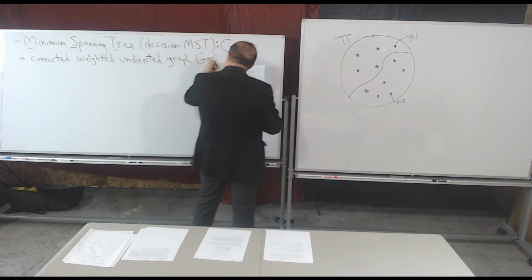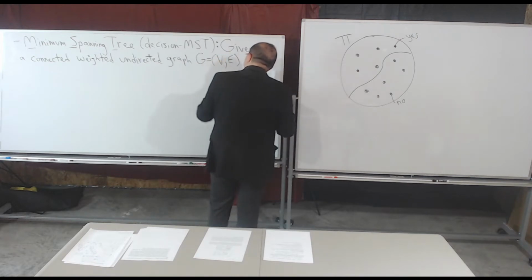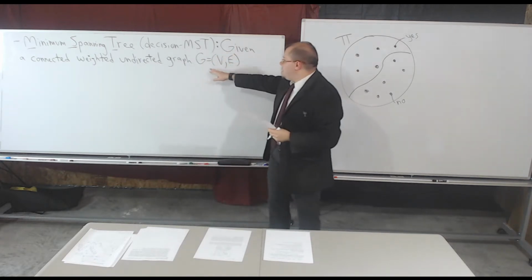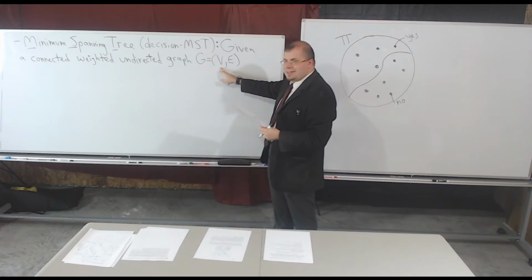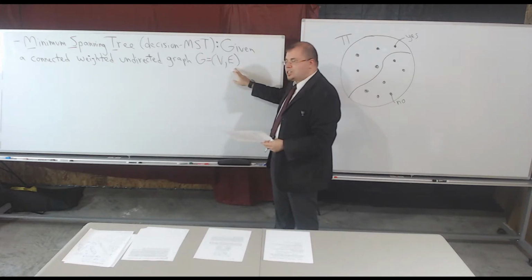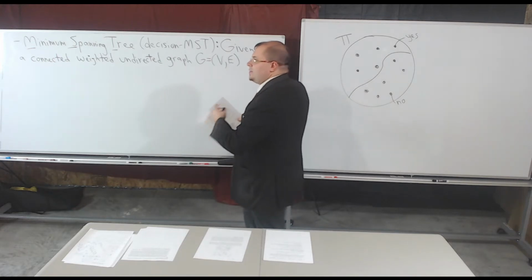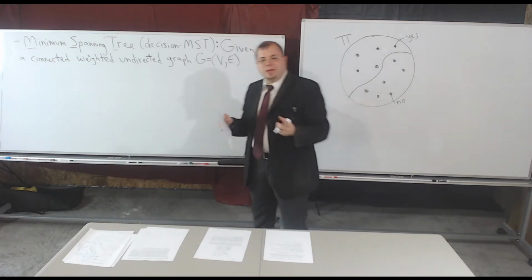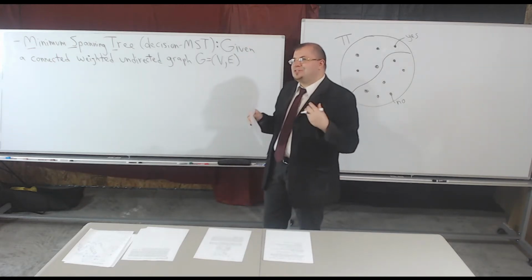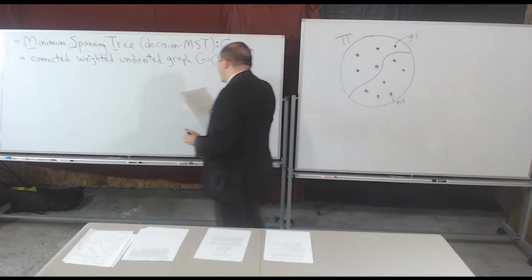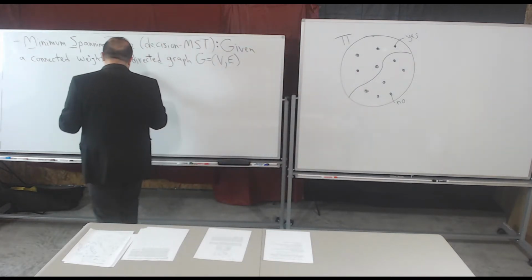G would be like this, where G is the graph's name, these are the set of vertices, these are the set of edges. And remember, this is undirected. That means that if I give an edge in the graph, you should not assume an orientation on the edges. I'll give an example in a moment.